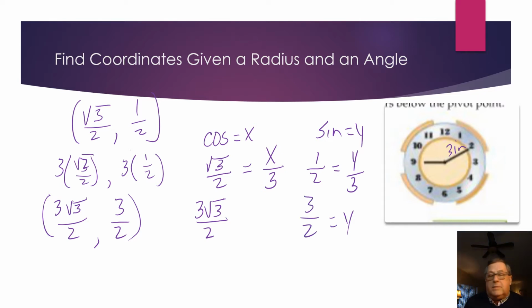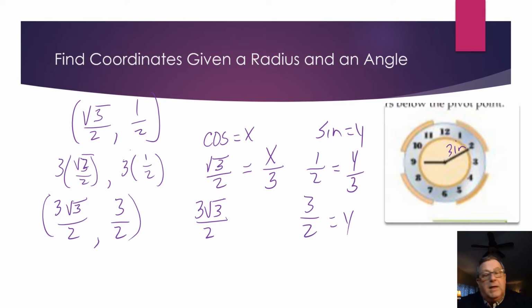All right, well, let's see. And we're doing this in the distance, it's in inches, so let's go ahead and get this approximately. So if I go 3 times the square root of 3 divided by 2, 2.59.